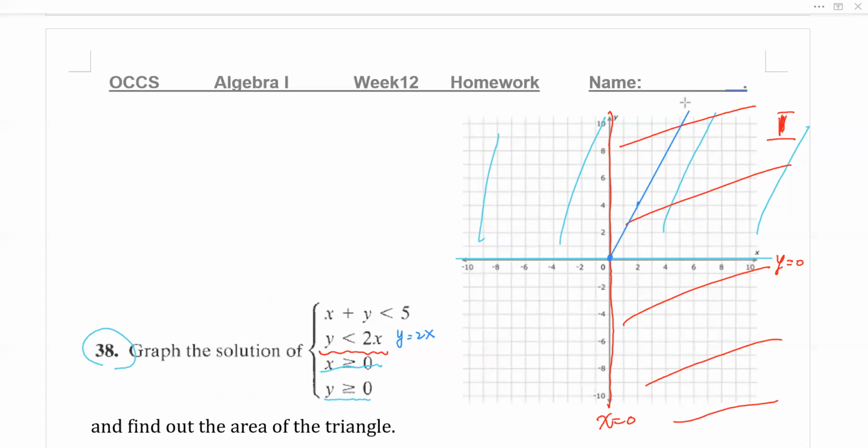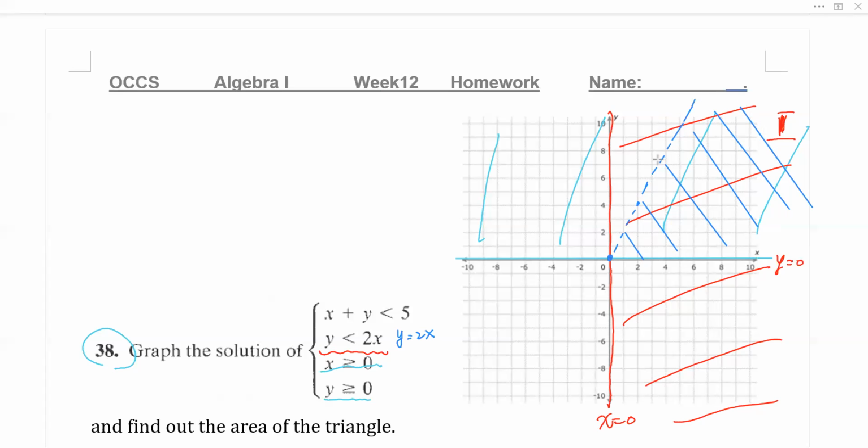They are not a solid line, so I have to use the dash line. Okay, y less than, so it's the bottom part here. So actually it's this area we can find out.